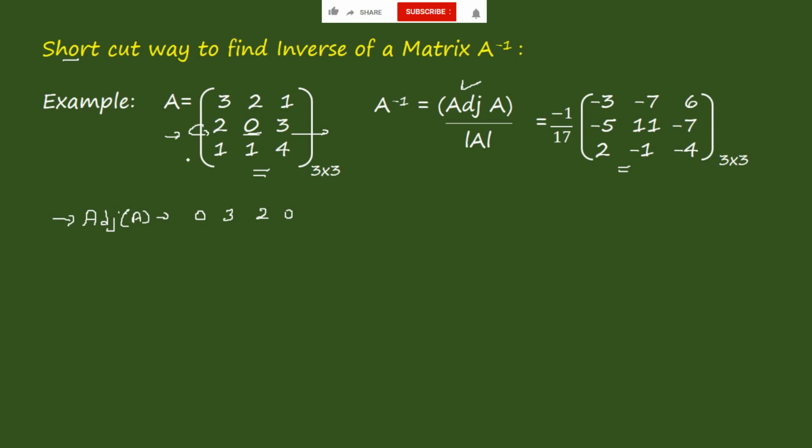Then we go down here, go to the middle term, go to the right and come back. So it becomes 1, 4, 1, 1. Again, you go to the top one, go to the middle term, which is 2, go to the right and then come back. So it becomes 2, 1, 3, 2.